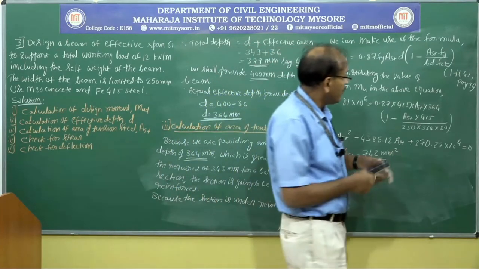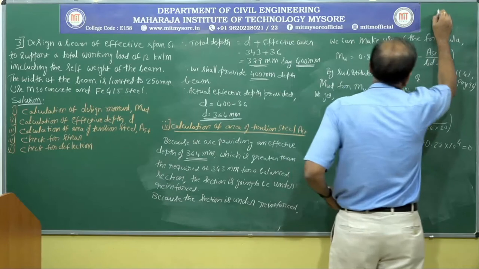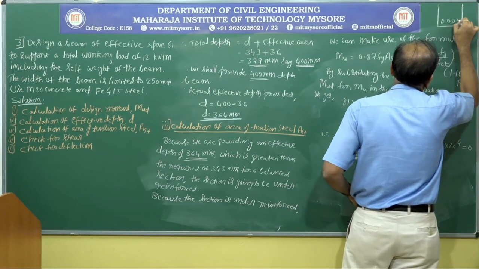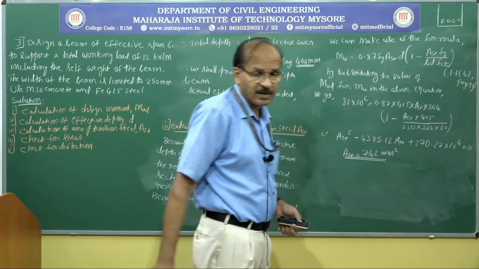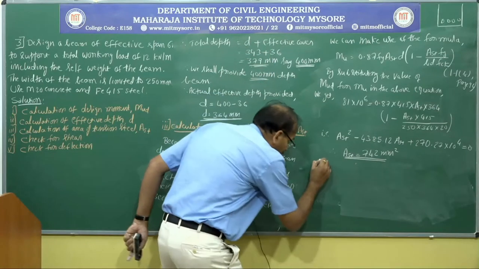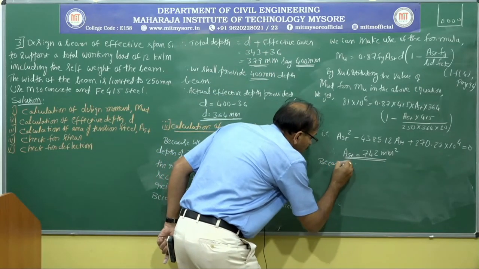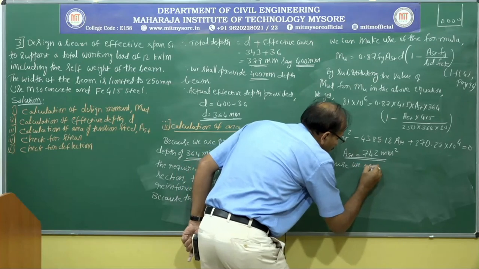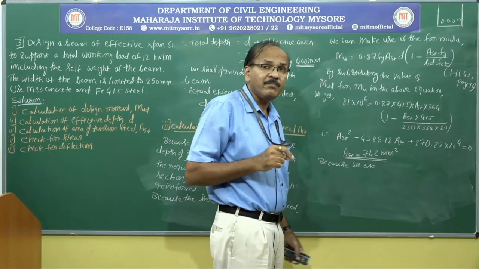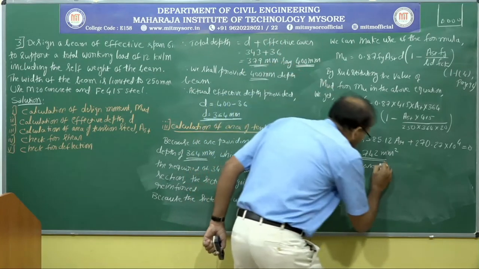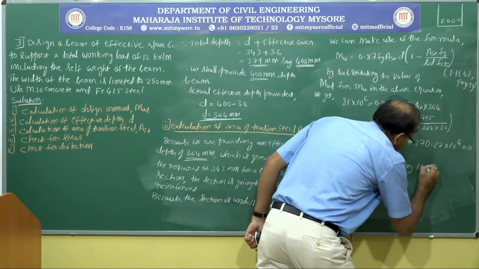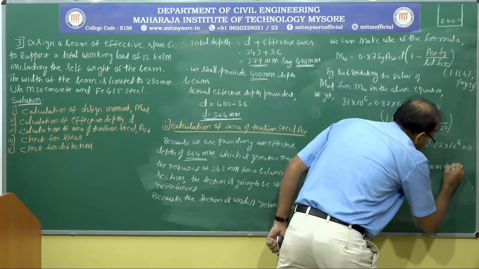That is, if you have the beam like this, these are Ast bars. Okay. So if you remember, we adopted 16 mm diameter main tension bars, because we are providing 16 mm dia bars.